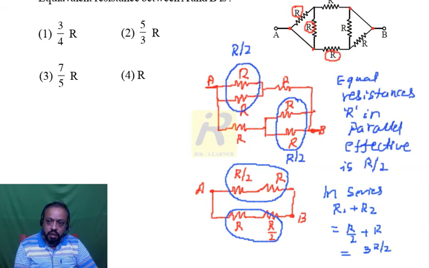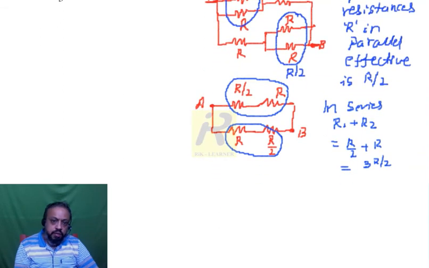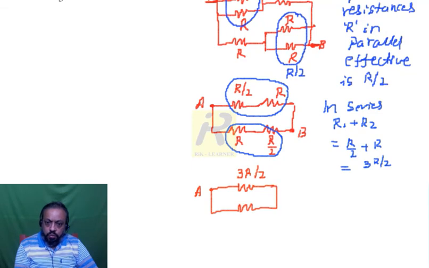Now again I can rewrite the same picture one more time, simply like this. Here is A, and I have to write a resistor whose value is 3R by 2, and in the lower branch one more resistor whose value is again 3R by 2, and here is point B.